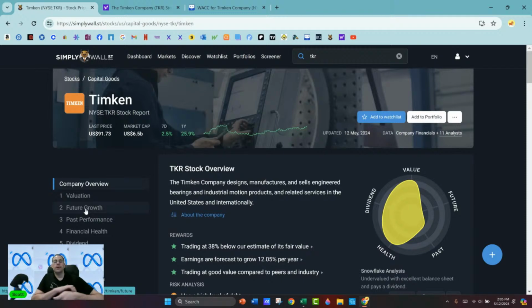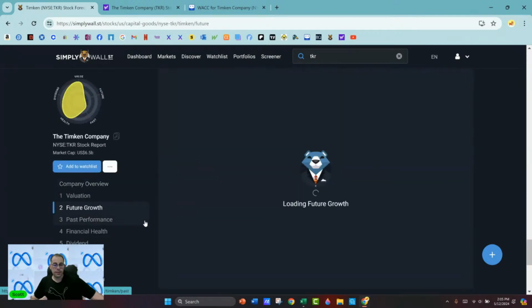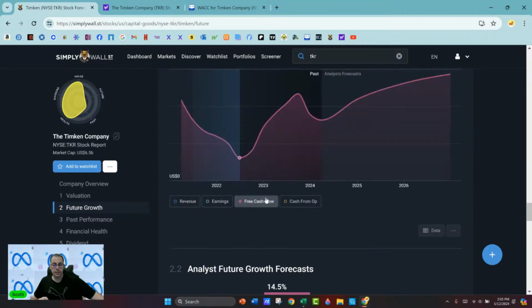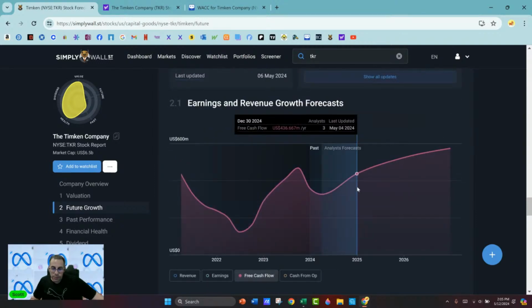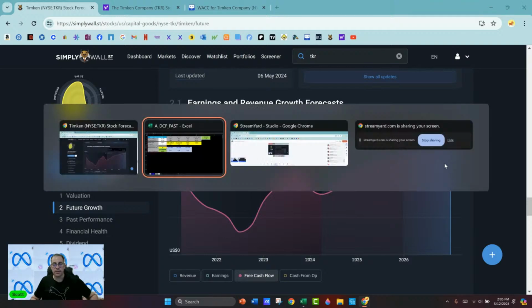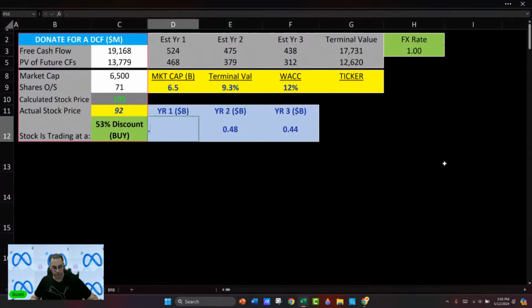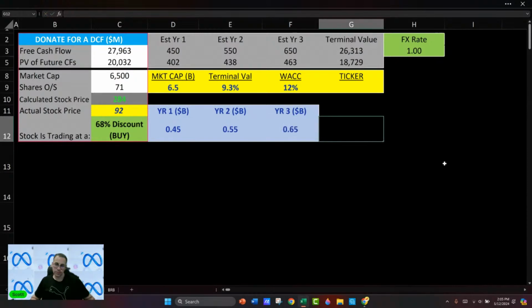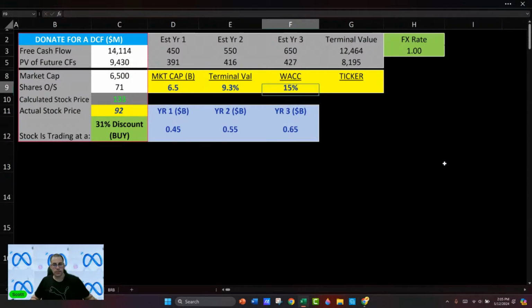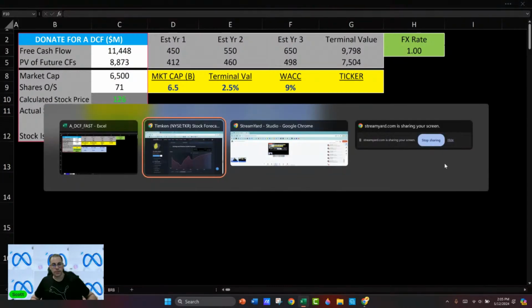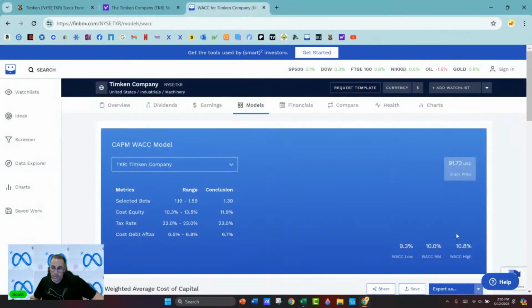Or you can use the industry average. $430, 500, 6. $9.3.